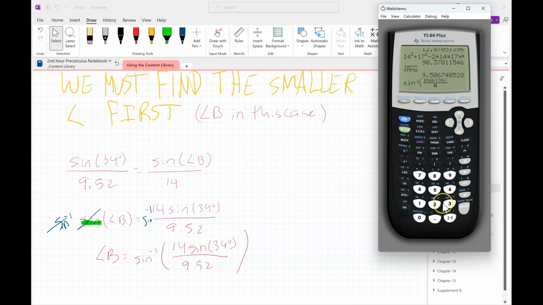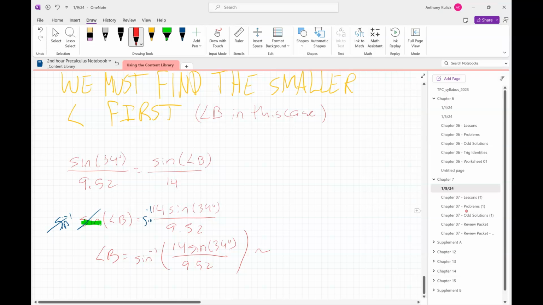So second and the negative sign is the ans command. That just means the last answer in your calculator is going to be inserted there. The accuracy will matter a little bit on these. You want to make sure your angles will add up to 180. So I do that, I get 55.44.